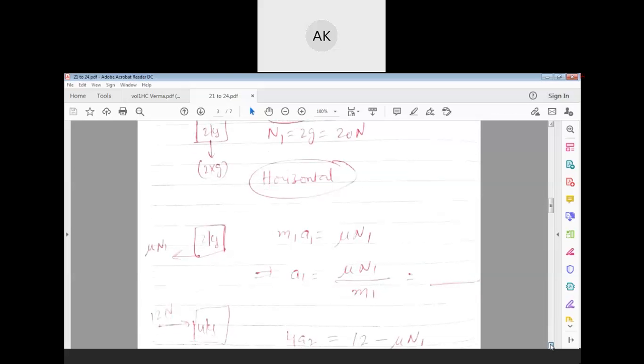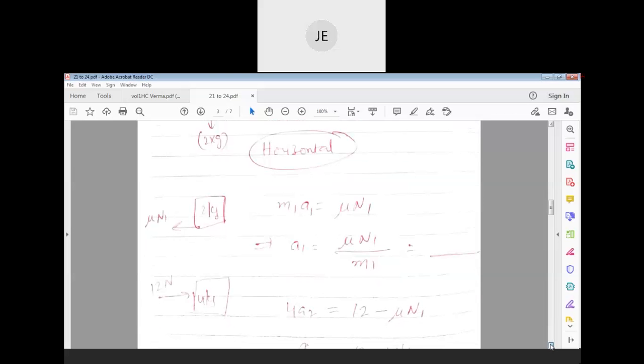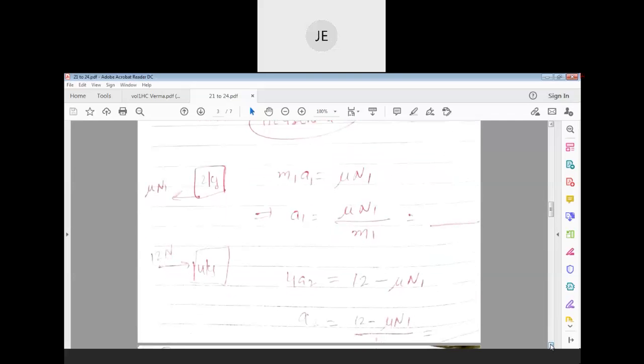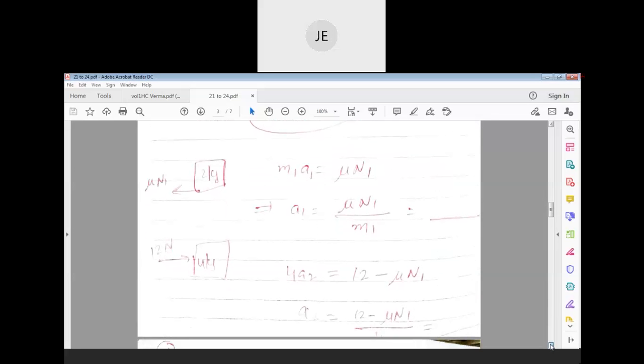And for the 4 kg block, this is the free body diagram and net force equation. A1 you are getting 2 meter per second square, and also find out A2.